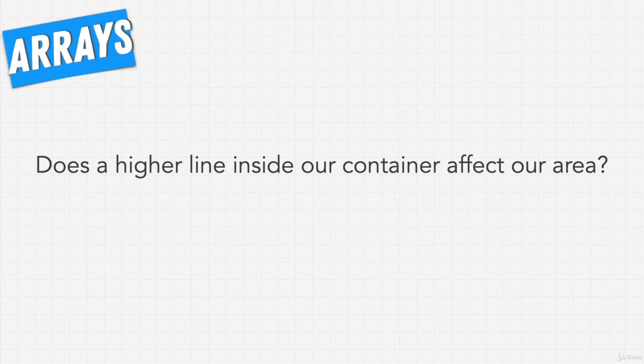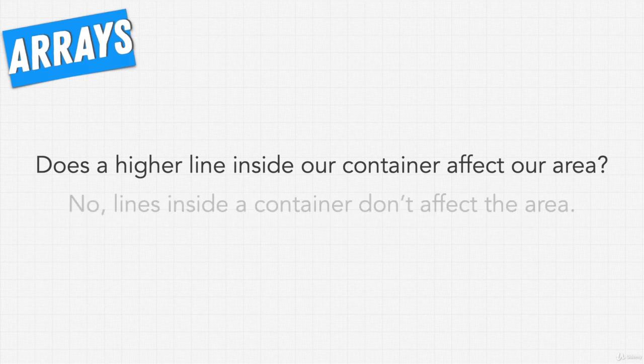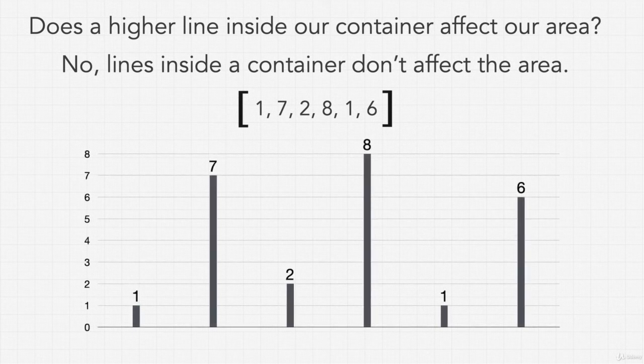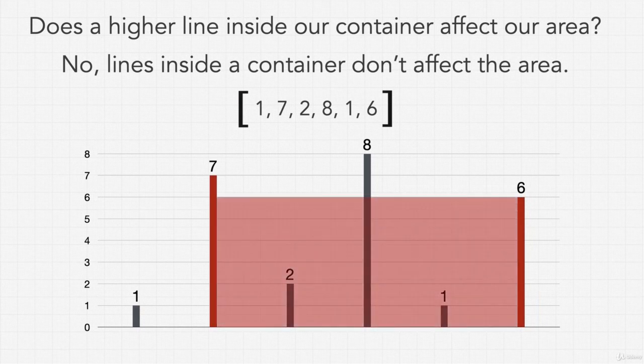The next question we might ask is, does a higher line inside our container affect our area? They'll probably respond, no, lines inside a container don't affect the area. What this means is that if we were given this array, the greatest container we could form is using the 7 and 6, which would fill up this amount of water.